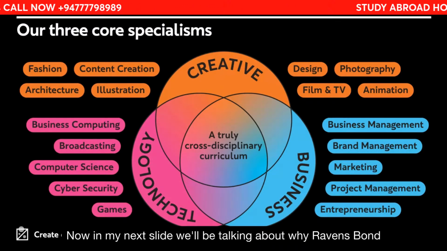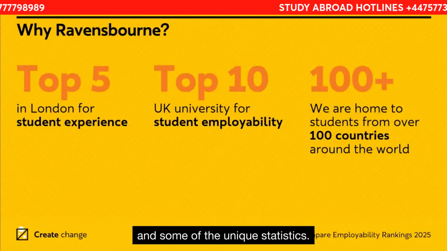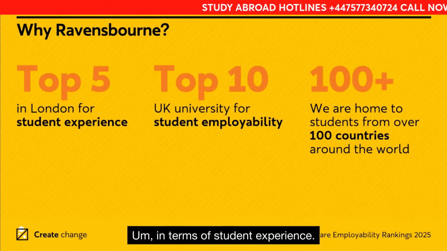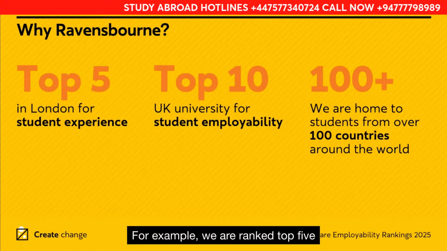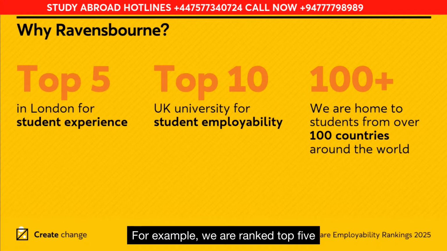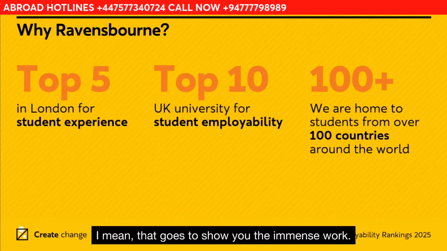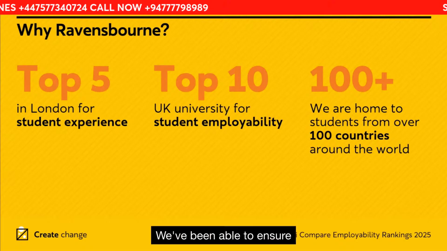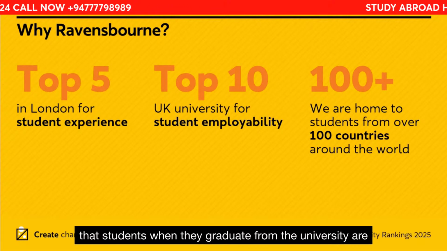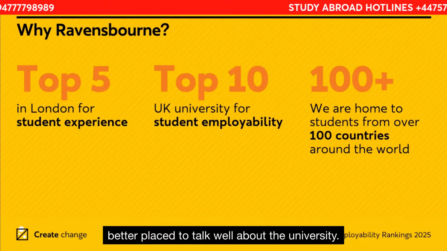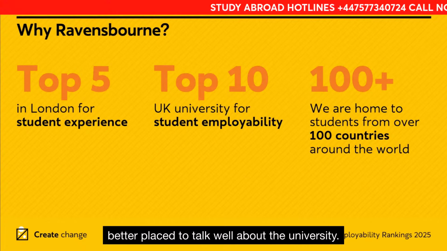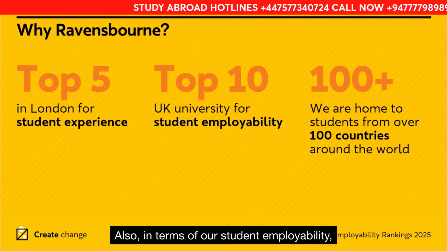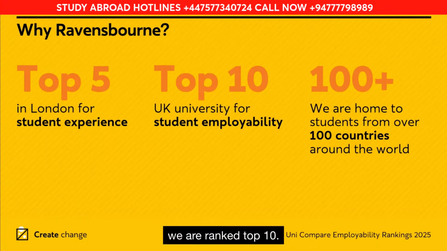Now, in my next slide, we will be talking about why Ravensbourne and some of the unique statistics in terms of student experience. For example, we are ranked top 5 for universities based in London. I mean, that goes to show you the immense work we've been able to do to ensure that students, when they graduate from the university, are better placed to talk well about the university. Also, in terms of our student employability, we are ranked top 10.